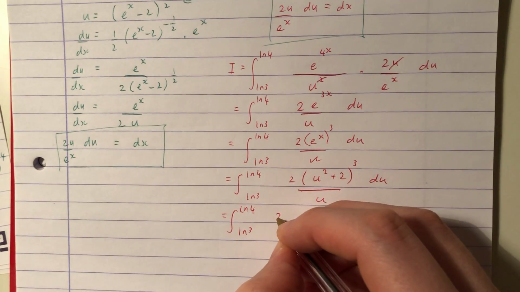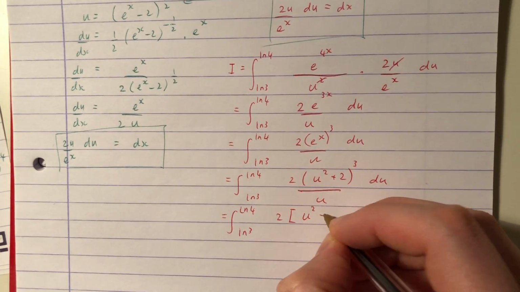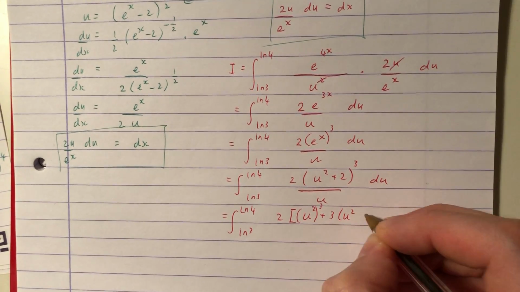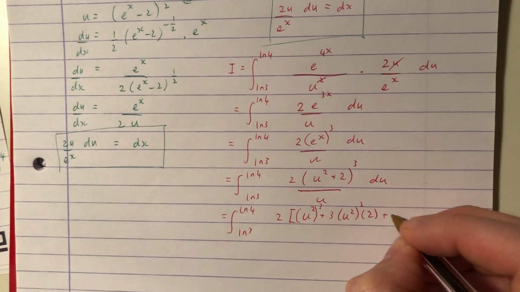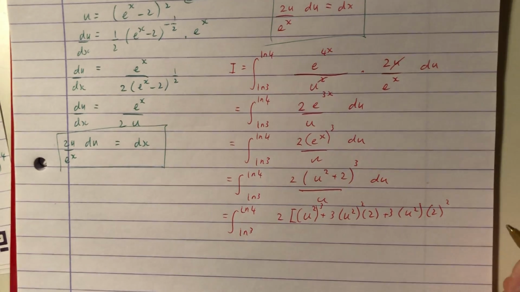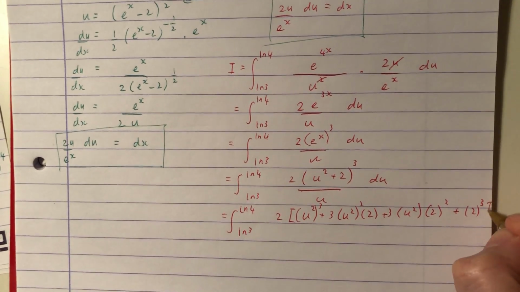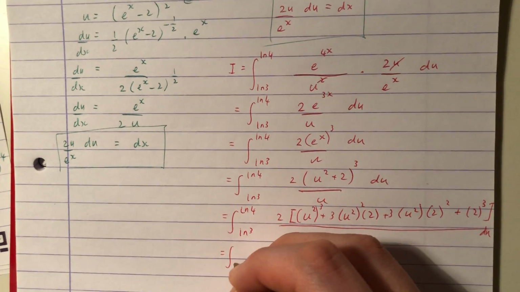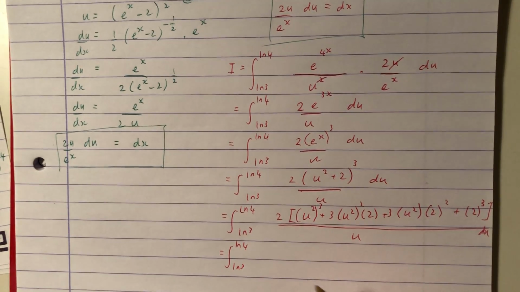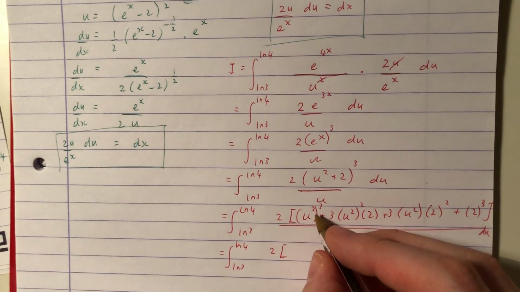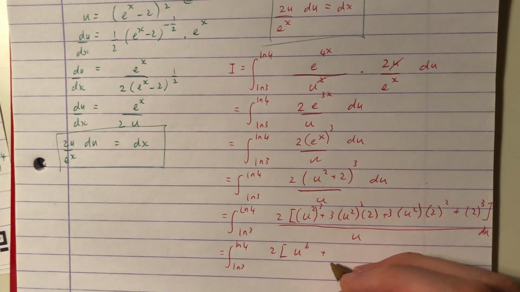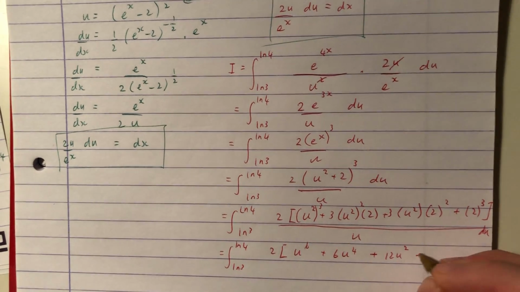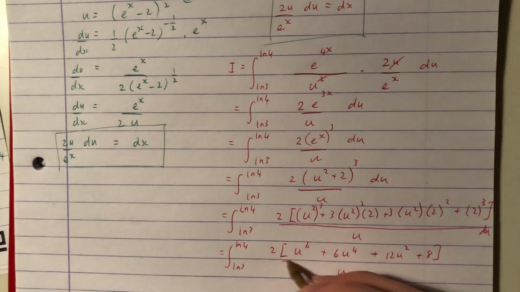So let's expand the brackets, so that would be u squared to the power of 3 plus 3 lots of u squared to the power of 2 times 2 plus 3 lots of u squared times 2 to the power of 2 plus 2 to the power of 3, binomial expansion, over u du, equals, between ln 3 and ln 4, two lots of u squared to the power of 3 is u to the 6 plus 6 u to the 4 plus 12 u squared plus 8 over u du.